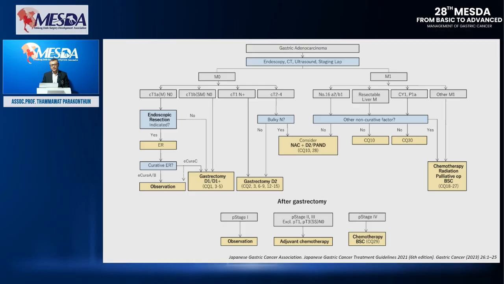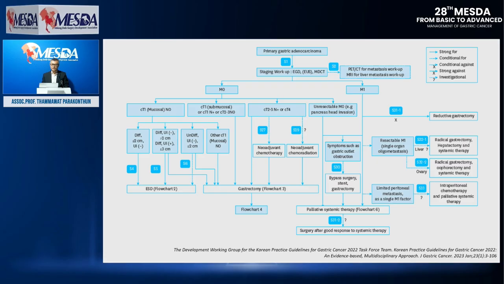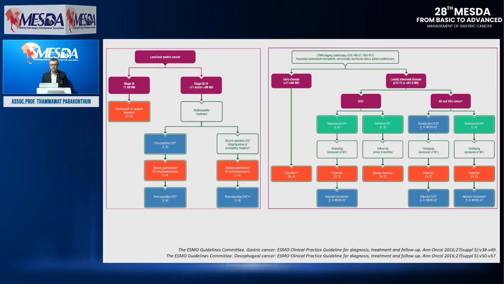D2 is recommended for more than T2 and N positive patients, but the Japanese guideline recommends some modification for gastric cancer patients, also in the Korean guidelines. And the ESMO, although they emphasize perioperative chemotherapy, also recommend D2 lymphadenectomy in their guidelines.